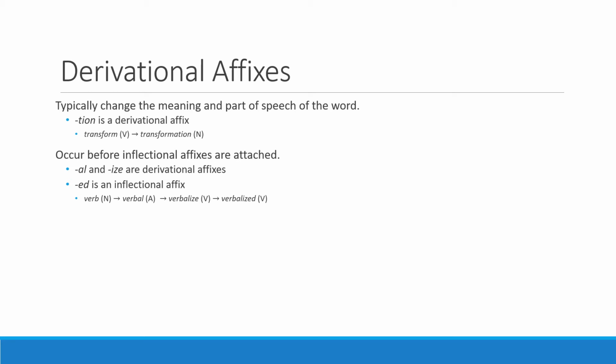And then you can take that new base, and you still have the same root, verb, and the new base is verbalize, and you can add ed to it. For English spelling, it just ends up being a D in this case, but it's the ED inflectional affix, and that keeps it as a verb here and attaches at the very end. So we added all of our derivational affixes before we added our inflectional.